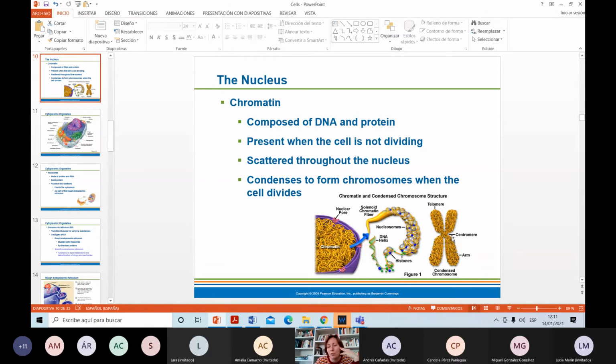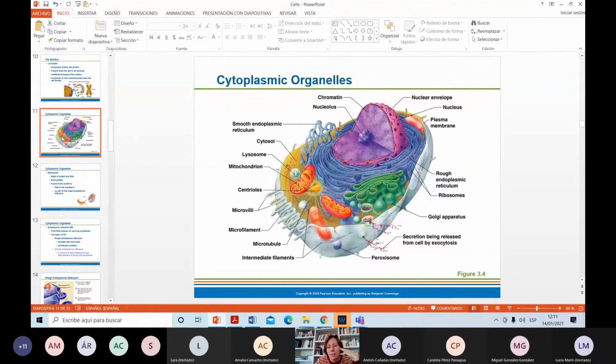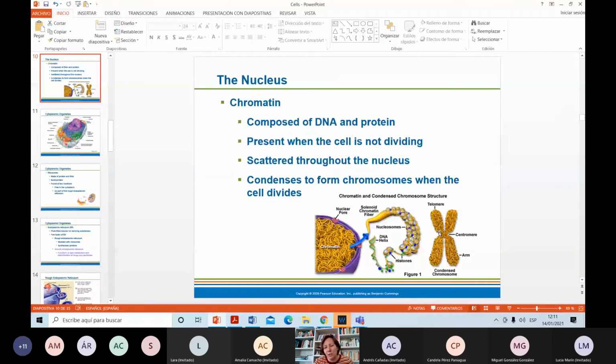Y decíamos, one question could be, what's the difference between chromatin and chromosome? La segunda podía ser between chromosome and centromere, y hablando de palabras parecidas, the centromere and this organelle here, that is the centrosome formed by centrioles. Teníamos todos esos nombres parecidos que hay que ir diferenciando, ¿vale?